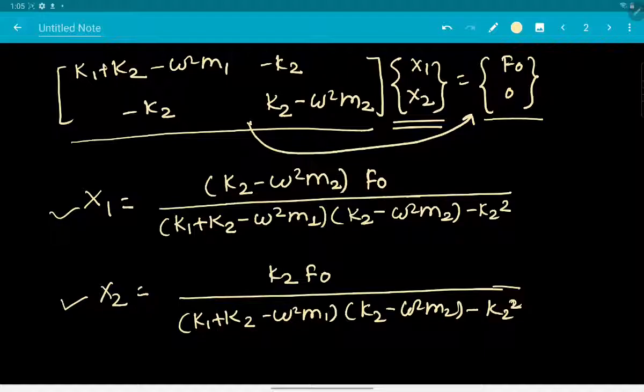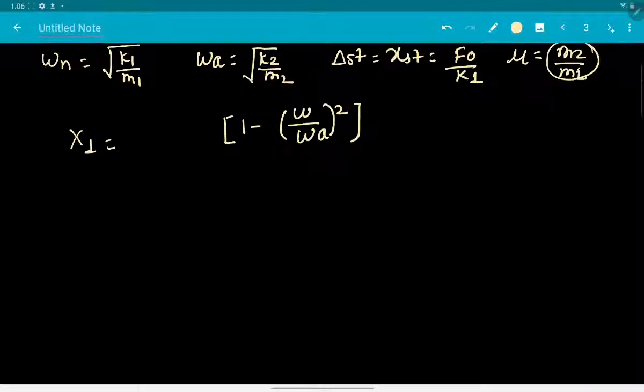It's m2 over here. Okay, so if it is m2, then only you will get this omega I square sitting over there.